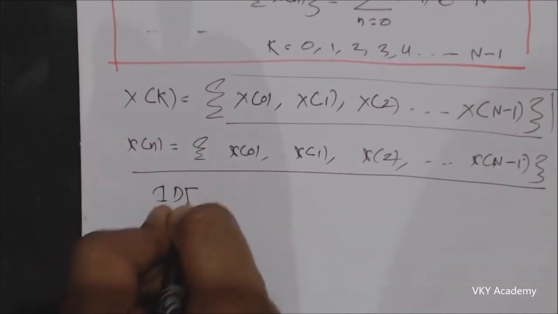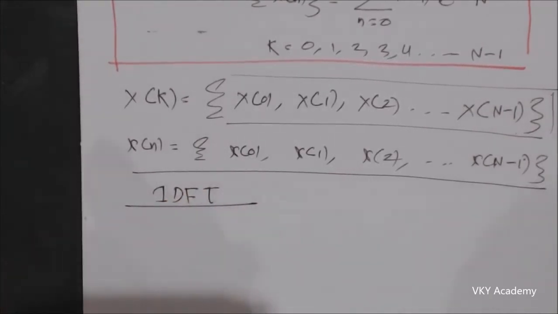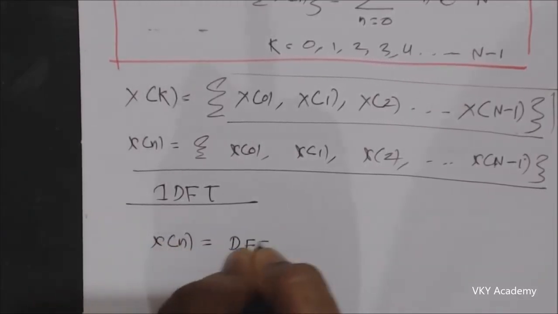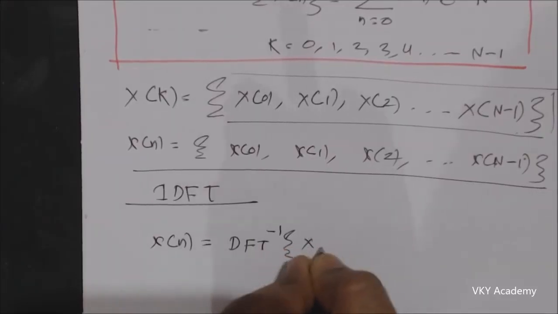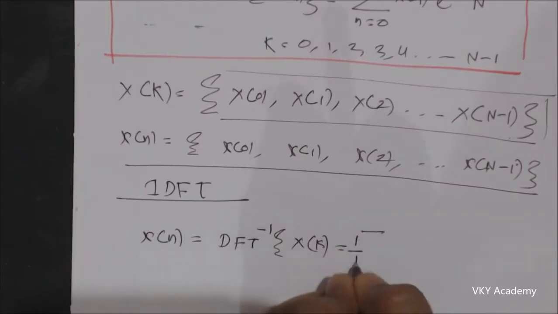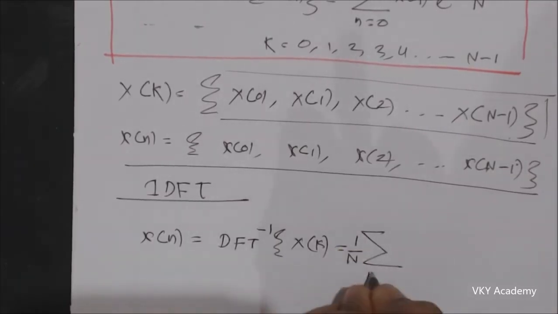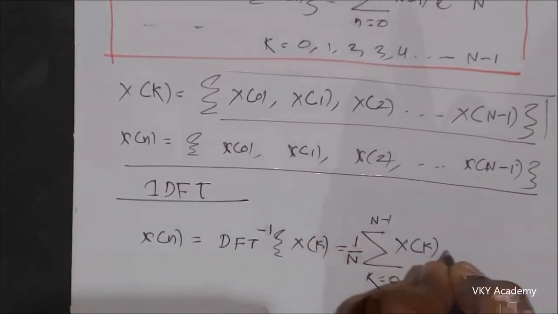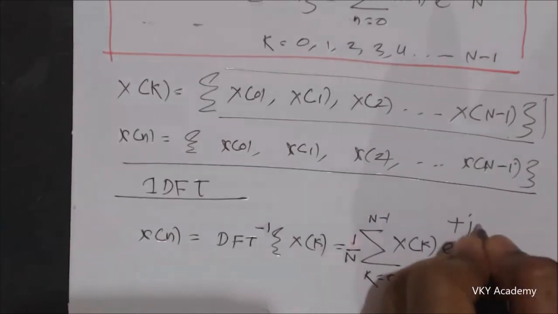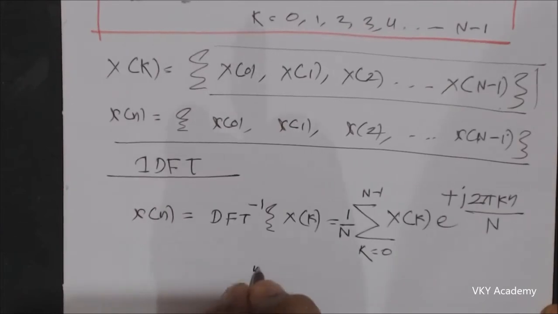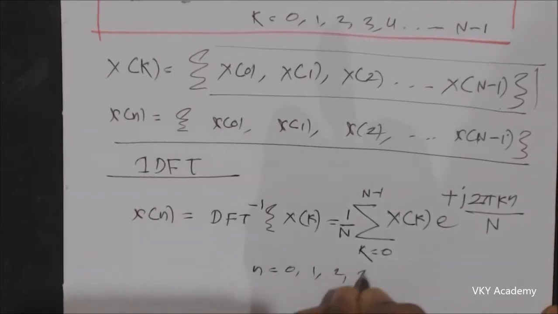So the IDFT can be calculated as x of n is equal to DFT inverse of capital X of k is equal to 1 upon capital N summation k is equal to 0 to N minus 1 capital X of k e to the power plus j 2 pi k n upon capital N, where n is equal to 0, 1, 2, 3 up to N minus 1.